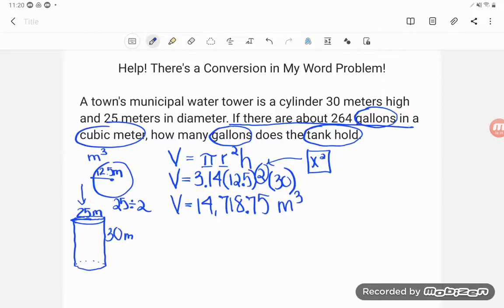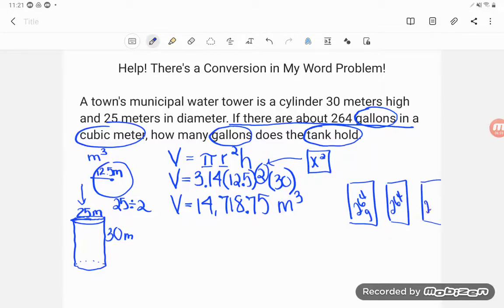If there are about 264 gallons in a cubic meter, we want to put it into gallons. So this is confusing because right now I'm in cubic meters, but let's think about this just on a small scale. I know that 1 cubic meter has 264 gallons in it. And then another cubic meter has 264 gallons in it. And then another.